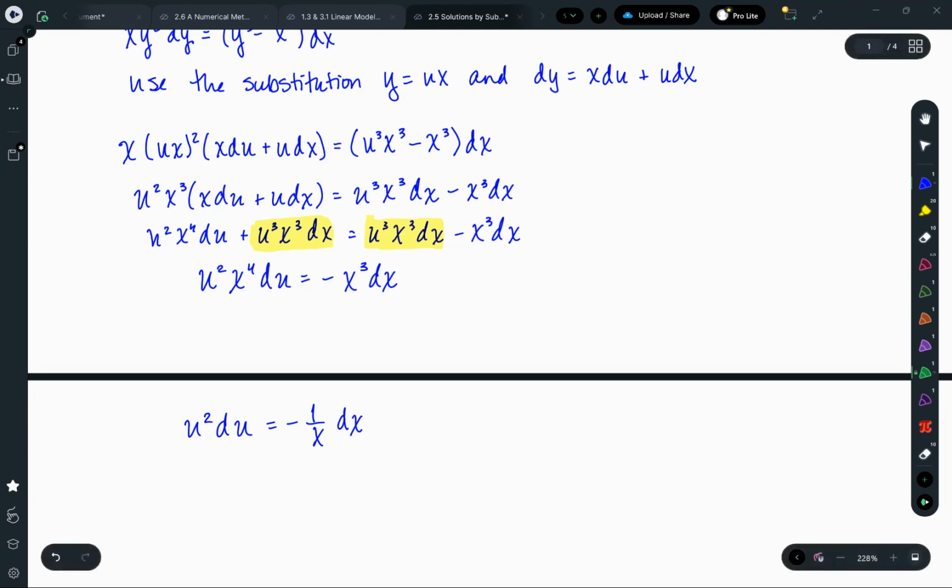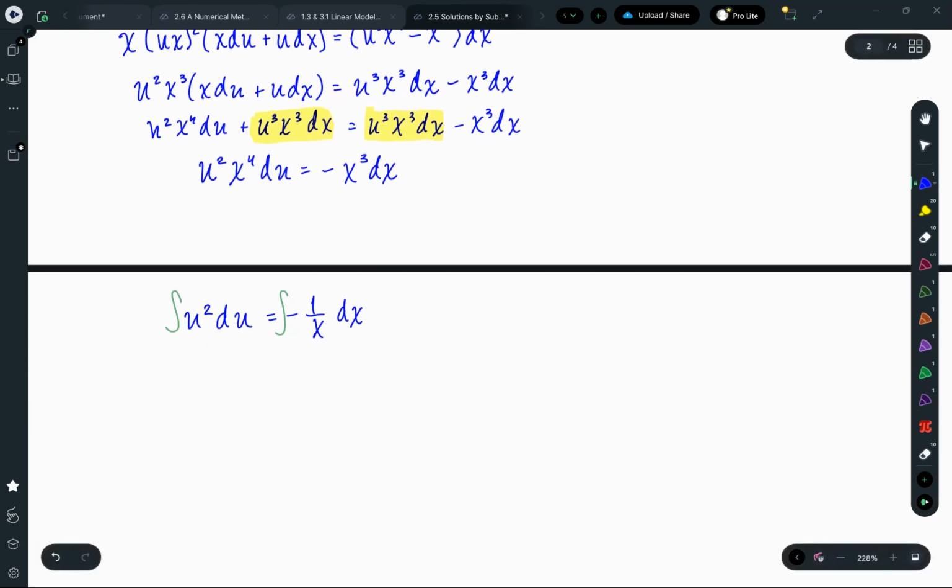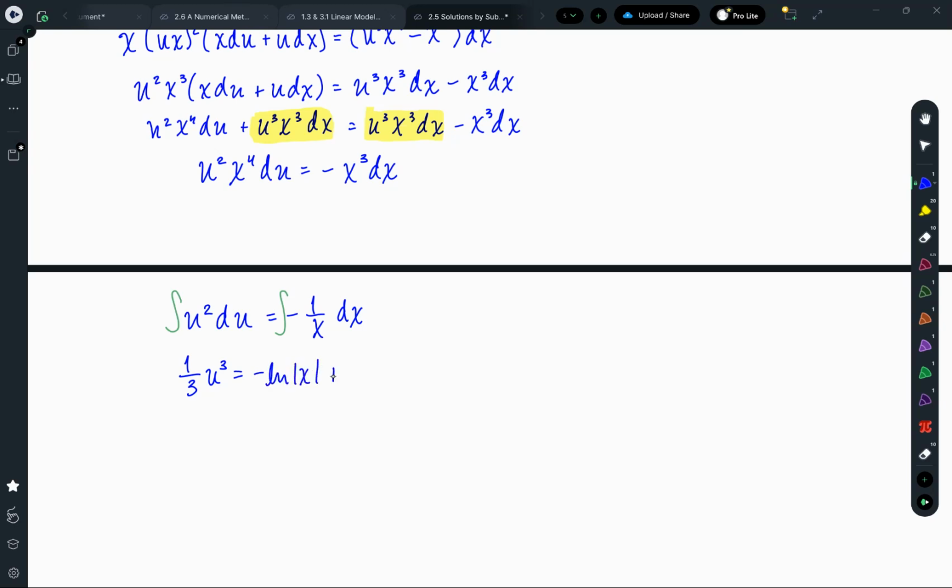So at this point, I can go ahead and slap on some integral symbols. I have my differentials. Those were already there. That's the only thing that allows me to integrate with respect to different variables on each side. And so I go ahead and integrate. On the left, I get a 1/3 u cubed when I integrate u squared. On the right, the antiderivative of negative 1 over x is negative natural log of the absolute value of x plus c.